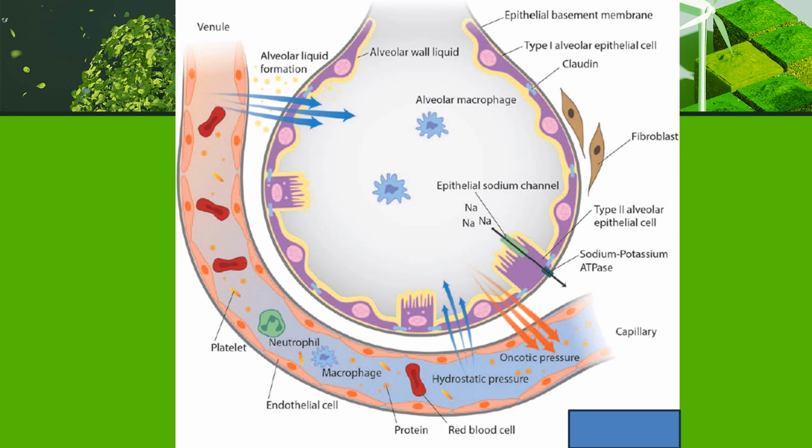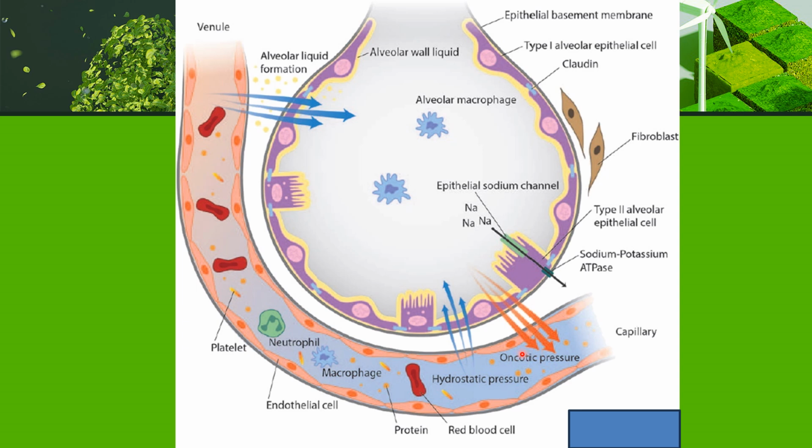This is another diagram showing microvascular fluid exchange under normal physiological condition in the lung interstitium. This is the capillary vessel, this is the alveolus, and this is the interstitium. The hydrostatic pressure forces try to move the fluid out, while the oncotic pressure keeps the fluid in.